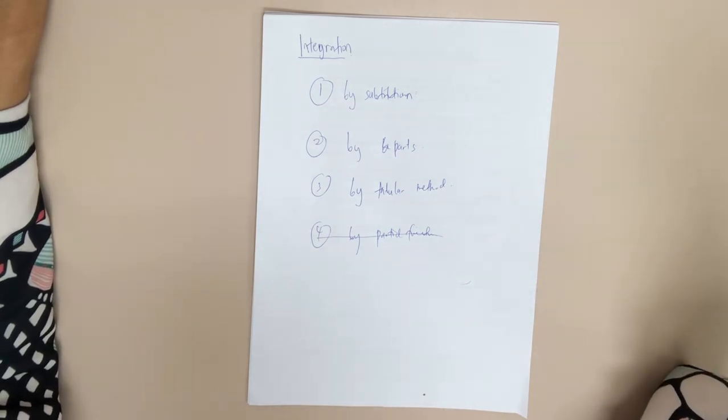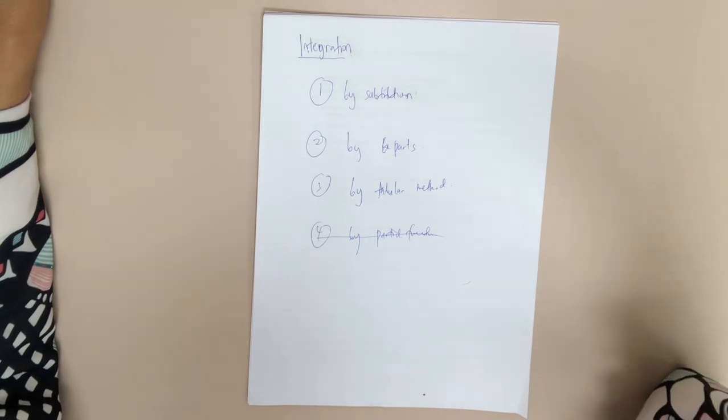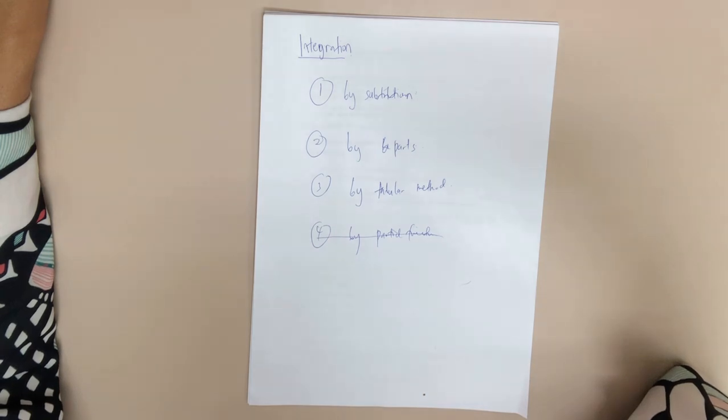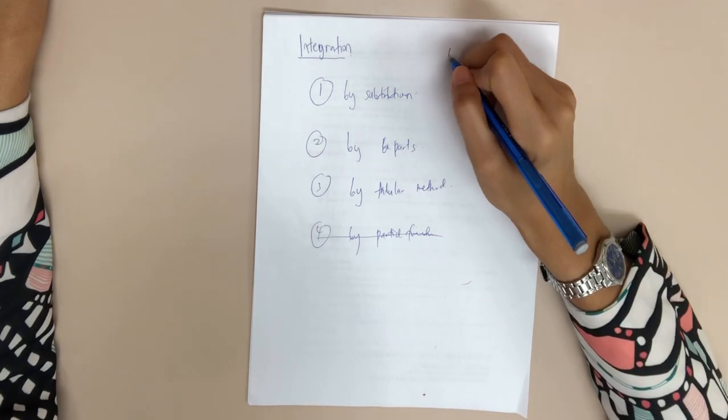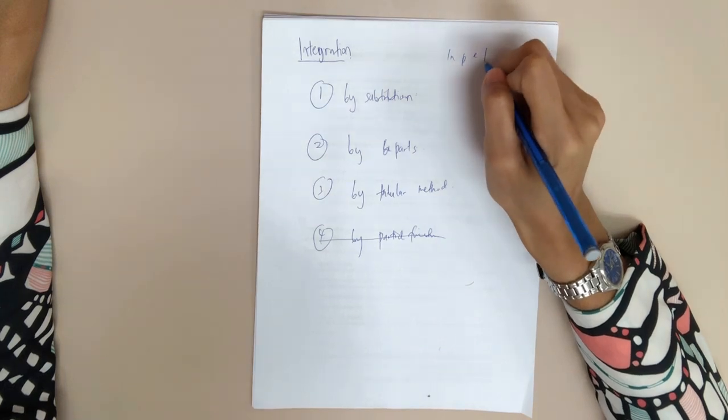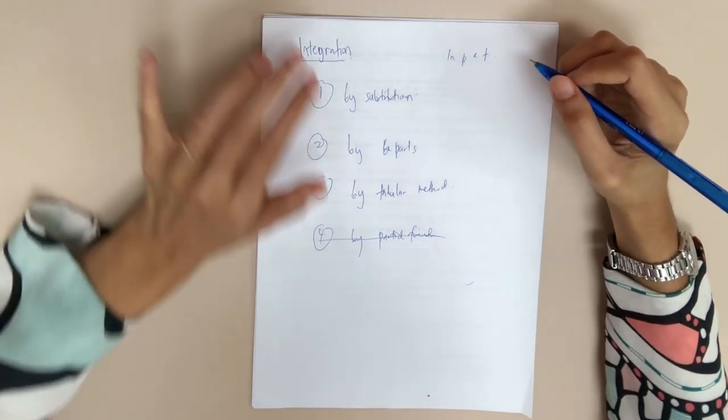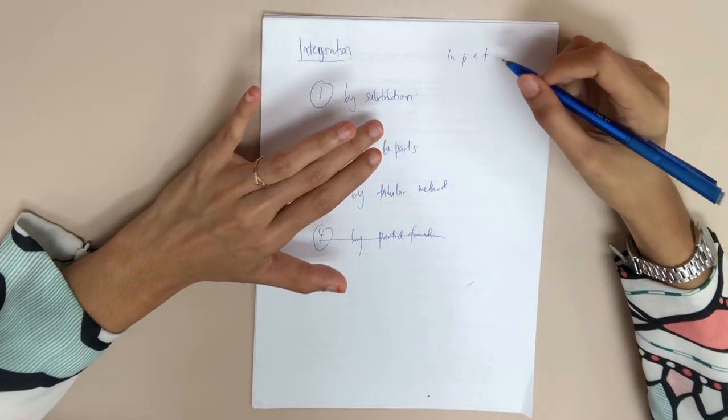Usually the u you choose depends on the higher order, or you choose it using LIATE, or here, LnPET. If you still remember, it's LnPET. I'm not sure whether you have covered this term or not.